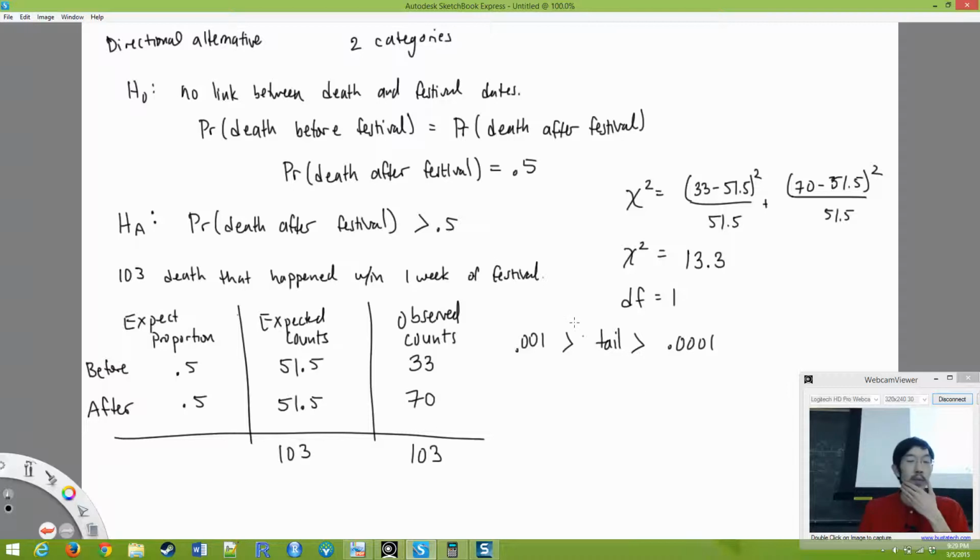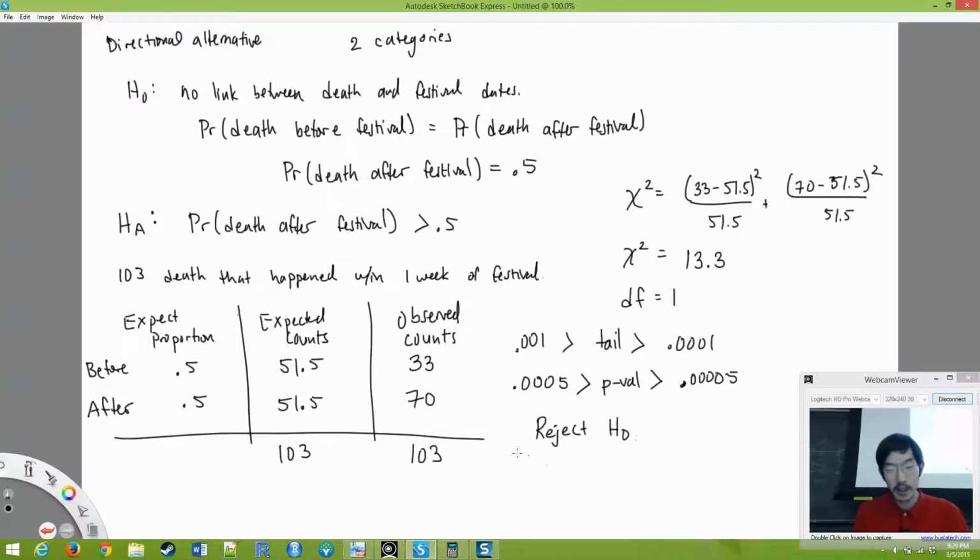Because it's a directional alternative, I'm going to take this and divide by 2. And so this p-value is extremely small. So we would reject the null hypothesis.